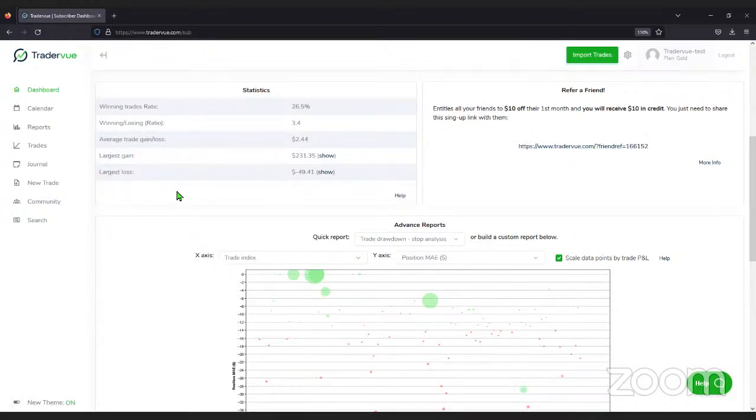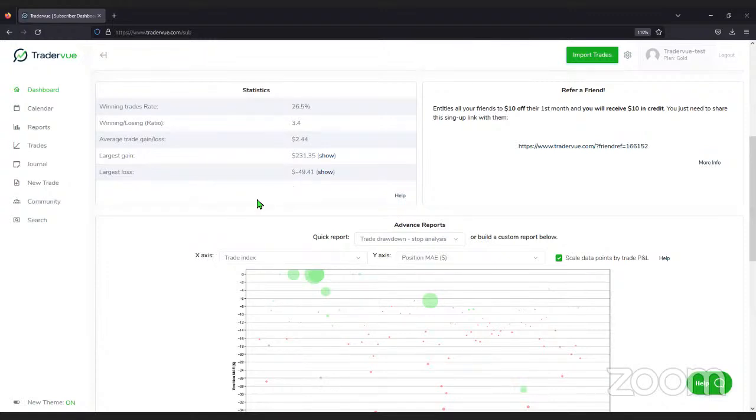So this is something that, by looking at it, looks really good. Take a look at this specific trader. The largest gain is $231.35, but the largest loss is $49.41. So even though the winning rate is super low, you can see that this trader's largest gain is actually bigger than his largest loss.